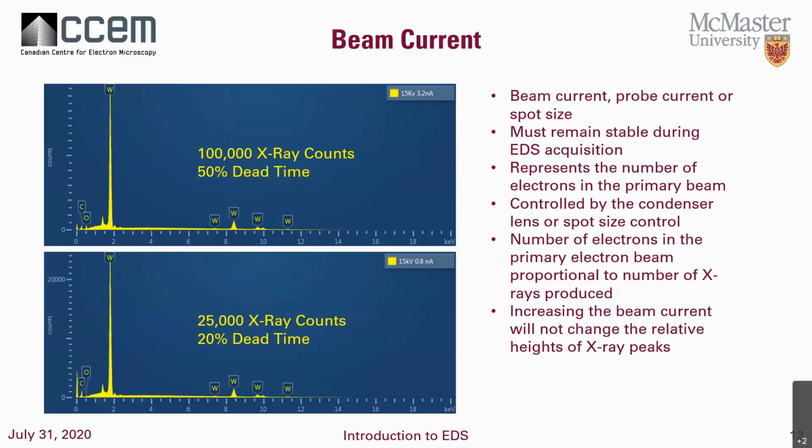So basically, with more current, you will get more X-ray counts. So here you can see, at the same kV, 15 kV, we're getting more X-ray counts at 3.2 nanoamps as opposed to 0.8 nanoamps. Increasing the beam current will not change the relative heights of peaks. So the different tungsten peaks will still have the same relative heights to each other within the material.